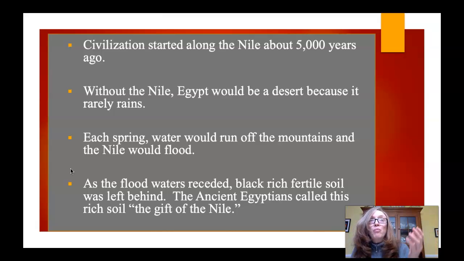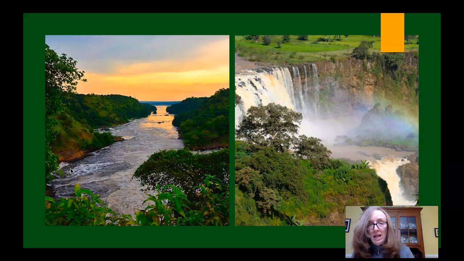And again, that rich black soil that the flood waters leave behind is what the ancient Egyptians called the gift of the Nile. And here we can see some pictures of the Nile River and another cataract.